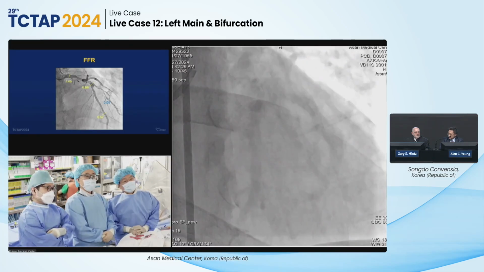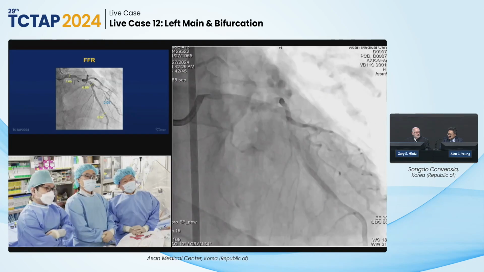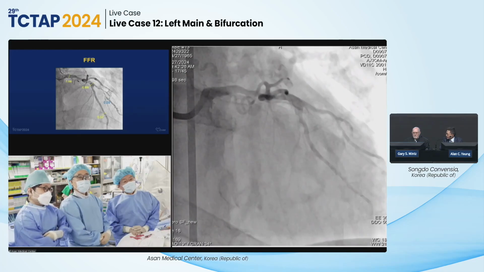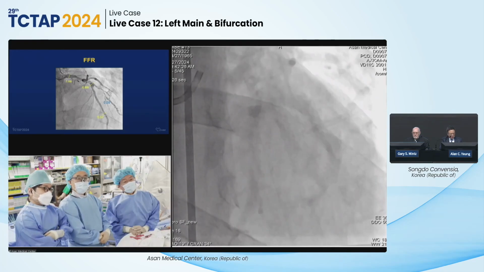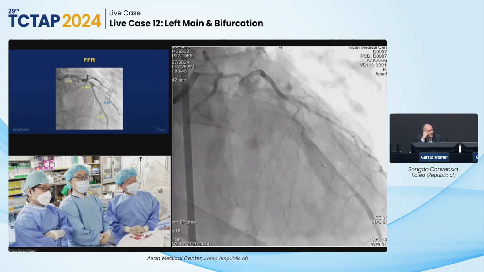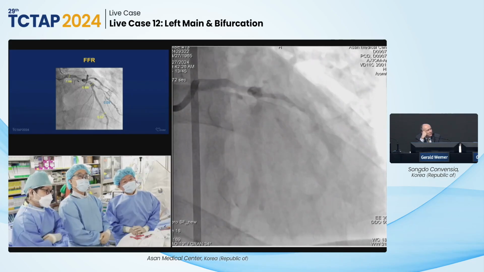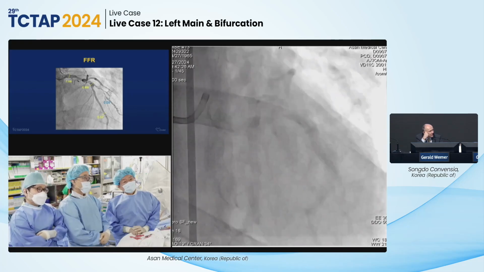So what do people think? How much do we want to stent or fix here, and how do you evaluate it? What we know about serial assessment of tandem stenosis by FFR is that one lesion affects the measurement of the other.